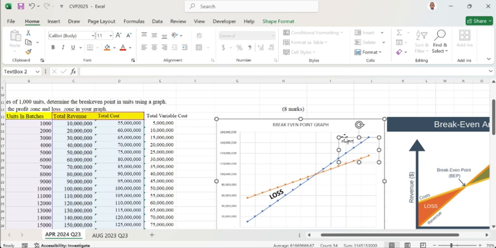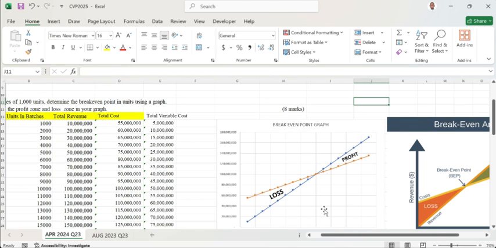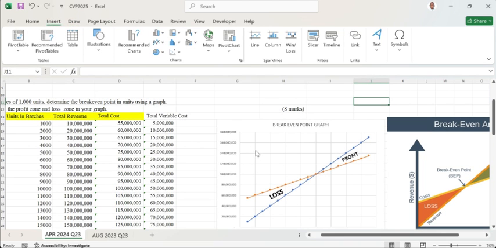Then if I want to do profit, I go back to insert, I go to text box, come and drag it there. Then I write profit.